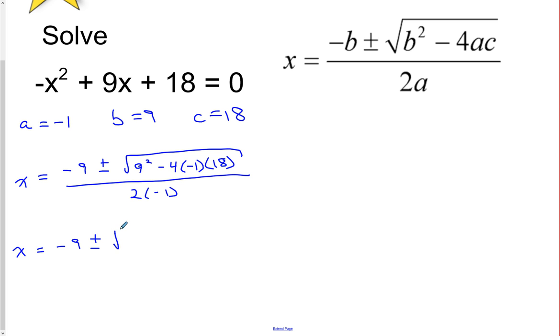Okay, so we subbed in. Now let's simplify. Got to work inside this radical sign. 9 squared is 81. 4 times negative 1 times 18 is 72. Again, we're subtracting a negative, so pay attention to that. That means we're going to be adding those numbers together, because subtracting a negative, that's of course the same as adding. 2 times negative 1 is negative 2.